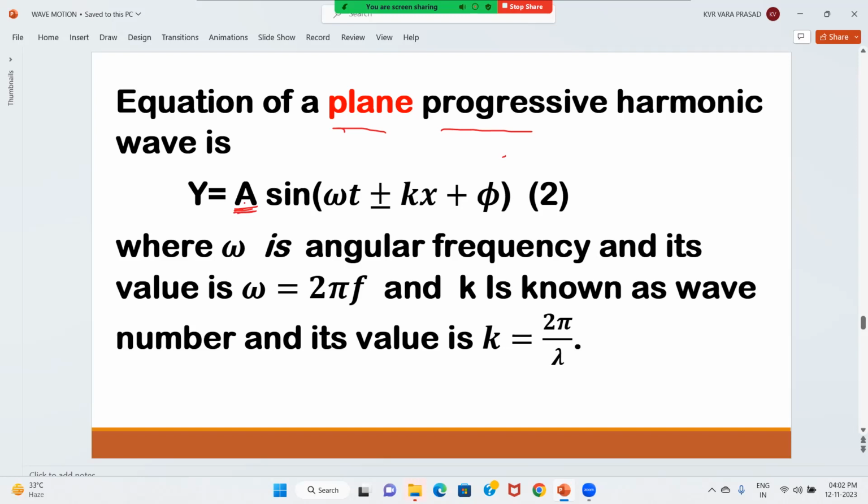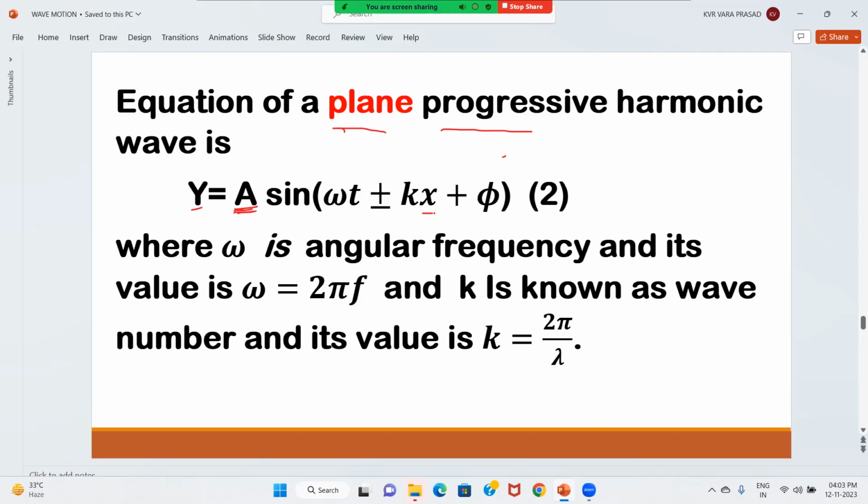because earlier we discussed that for a plane wave, amplitude is a constant. Whatever may be the value of x, amplitude is the same. And if you observe carefully, we have taken y and x.